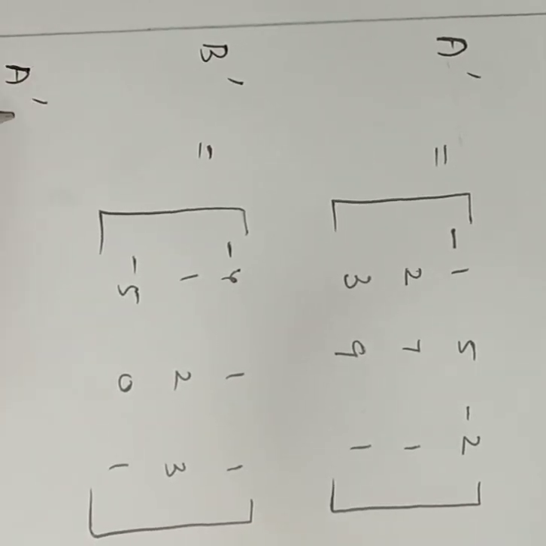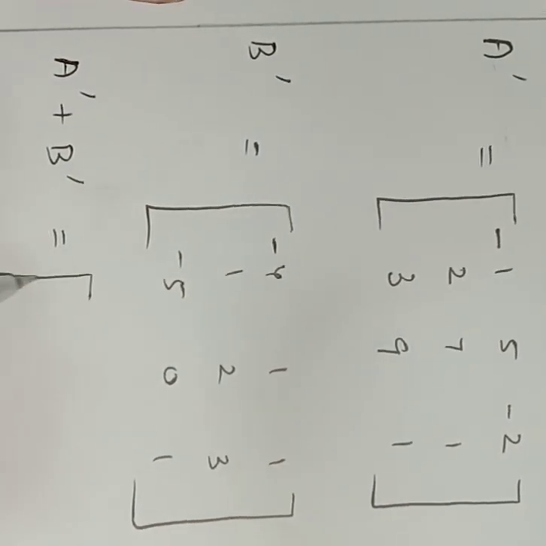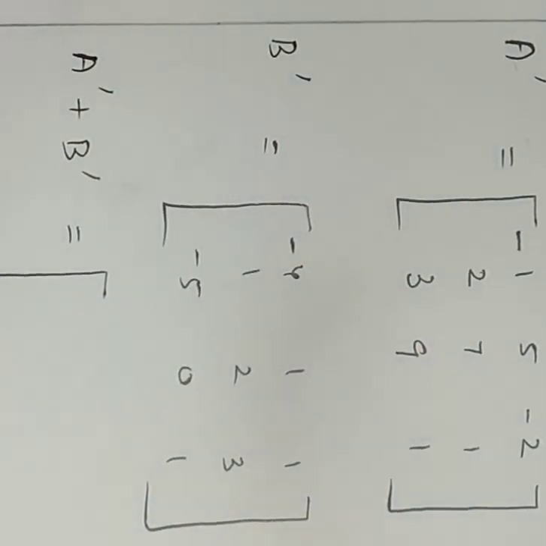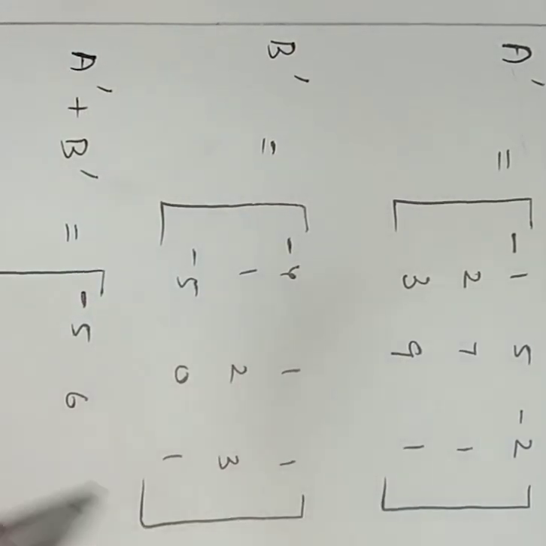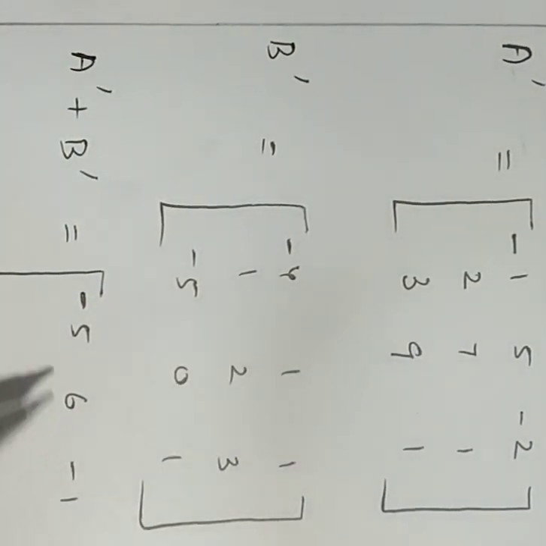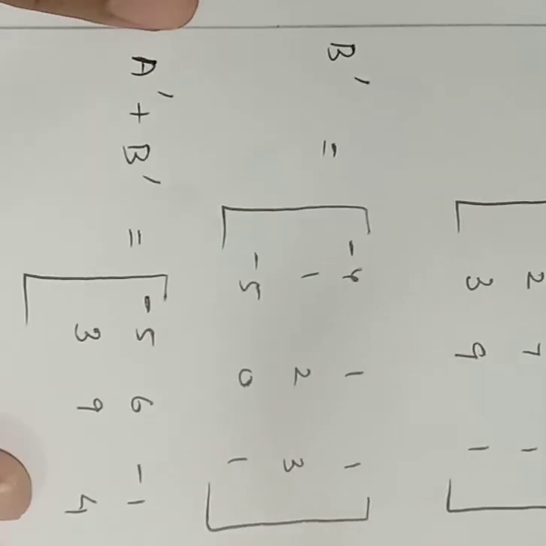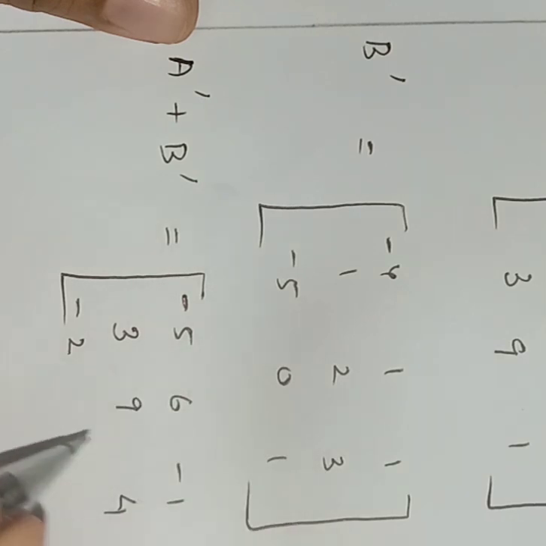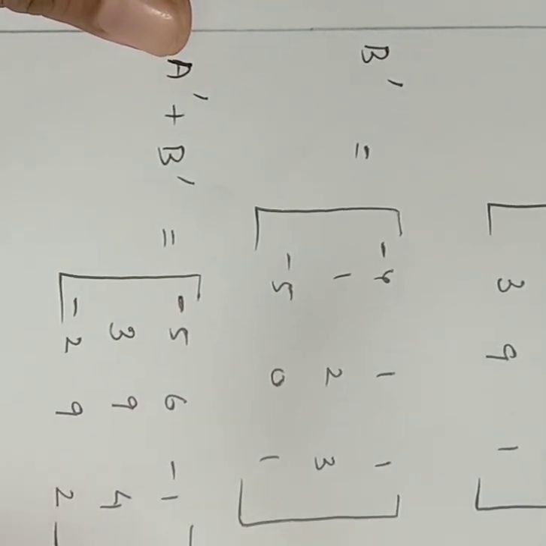So I am going to add these two matrices: minus 1 minus 4 is minus 5, 5 plus 1 is 6, minus 2 plus 1 is minus 1, 2 plus 1 is 3, 7 plus 2 is 9, 1 plus 3 is 4. Last row, 3 minus 5 will become minus 2, 9 plus 0 is 9, 1 plus 1 is 2. This is your second equation.